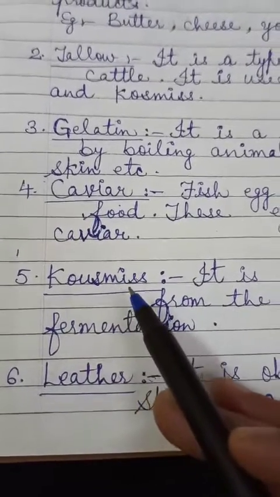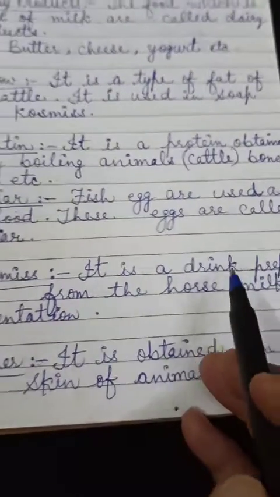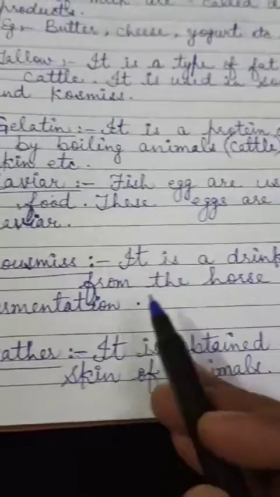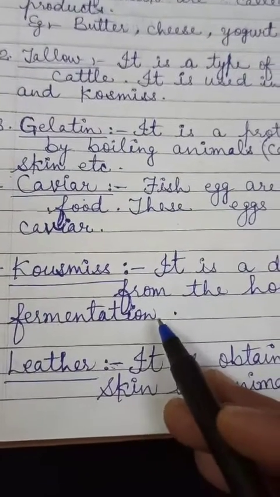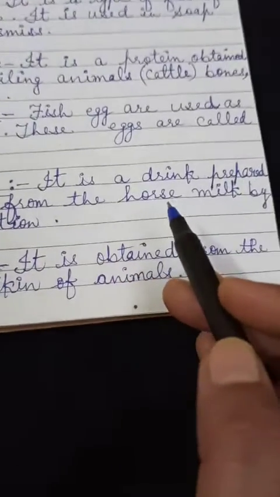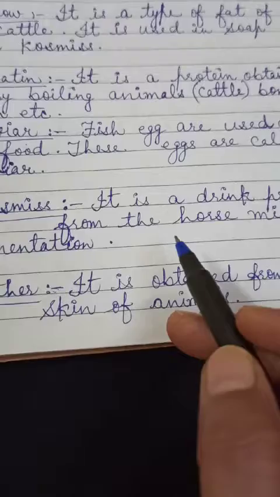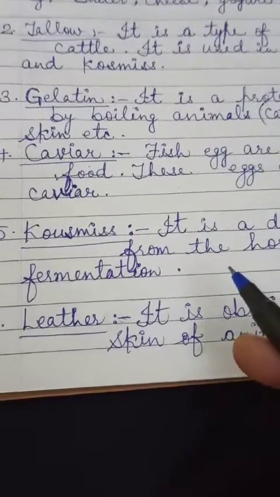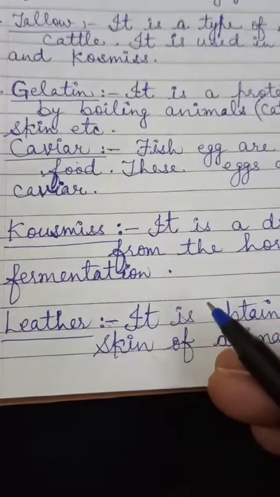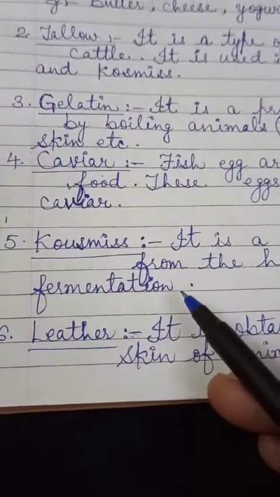Fifth is cosmetics. It is a drink prepared from horse milk by fermentation. So what is cosmetics? Cosmetics is a kind of drink which is prepared from horse milk after fermentation. Fermentation is a process by which we can make many kinds of drinks.